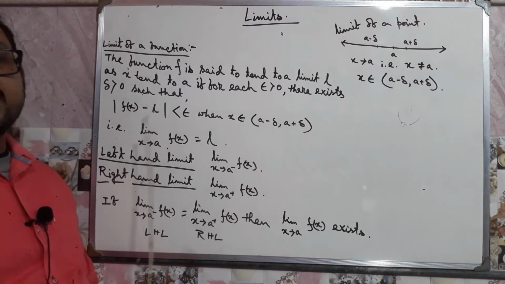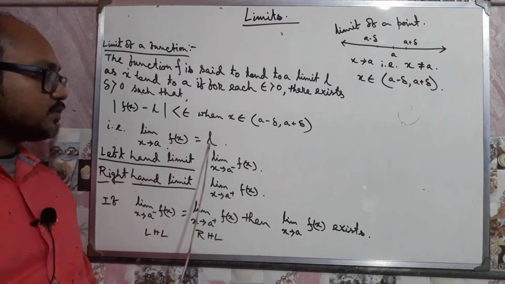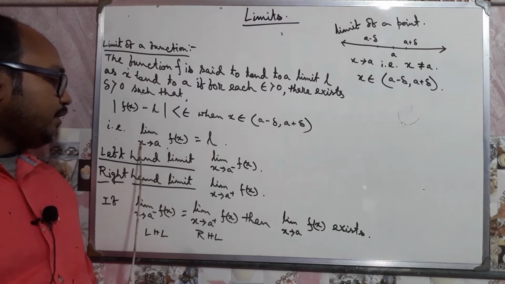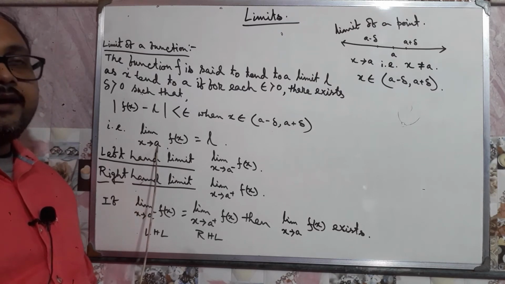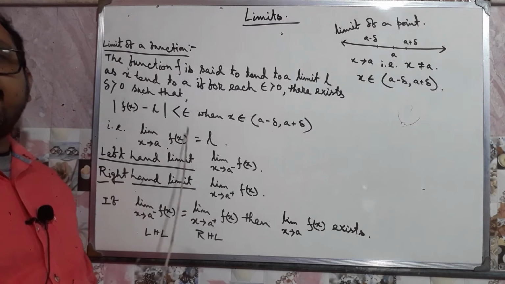In this case, we can say limit x tends to a f of x is equal to L. That means, if the point tends to a, then the value of the function tends to L.